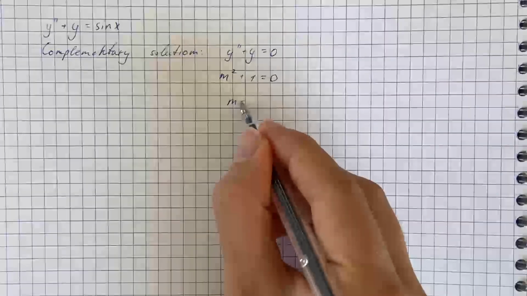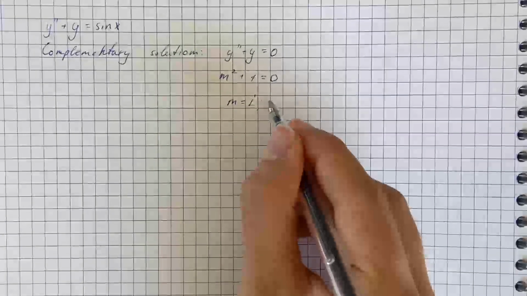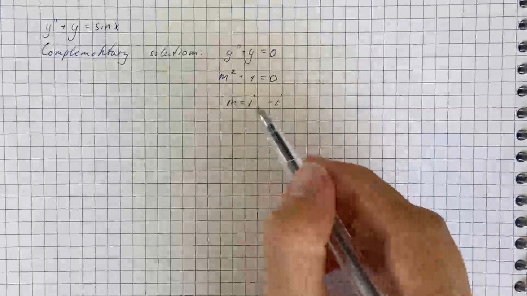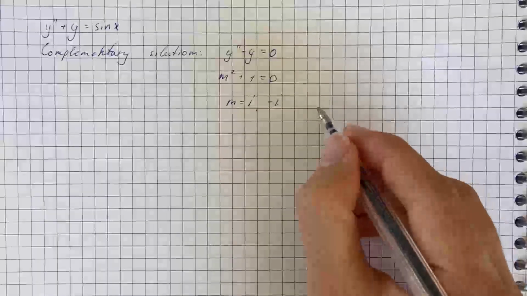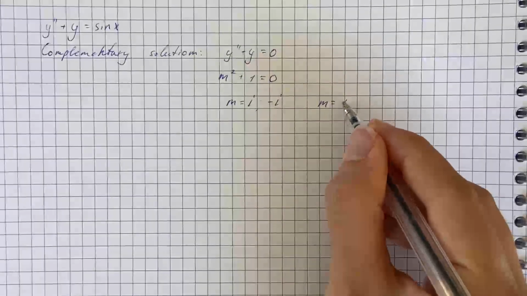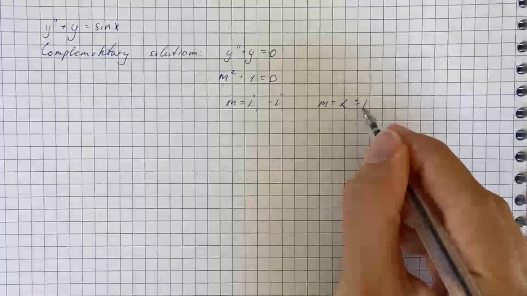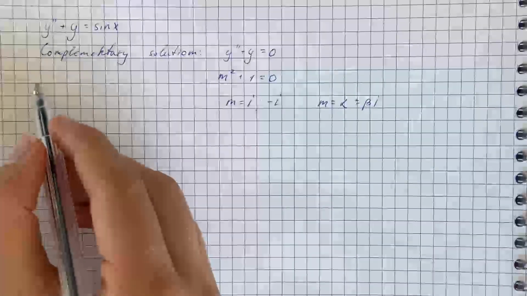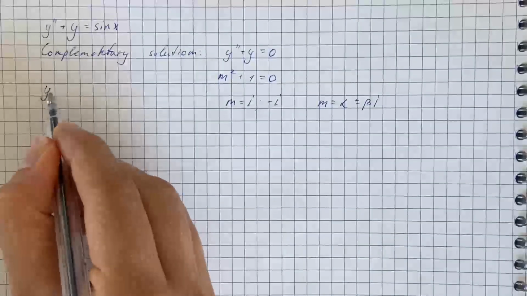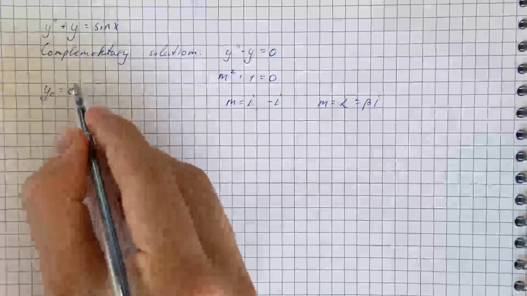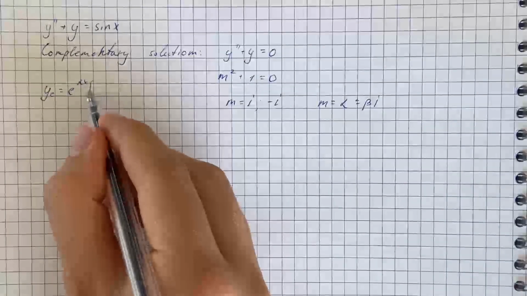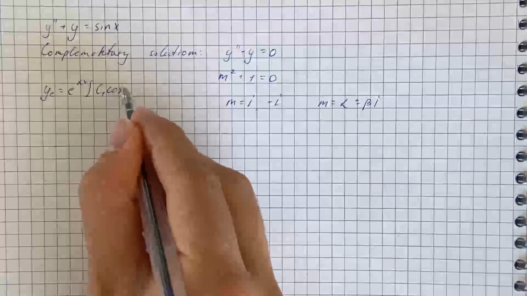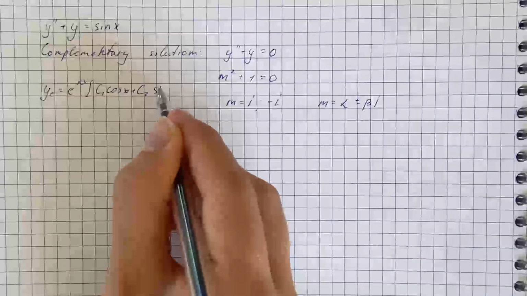that m equals i and negative i, and the general form for this solution is m equals alpha plus or minus beta i. Therefore, the form for the complementary solution is e to the power of alpha x times c1 cosine of x plus c2 sine of x.